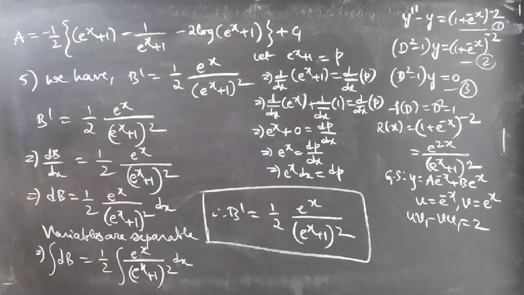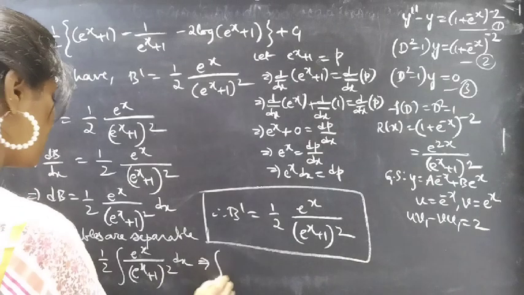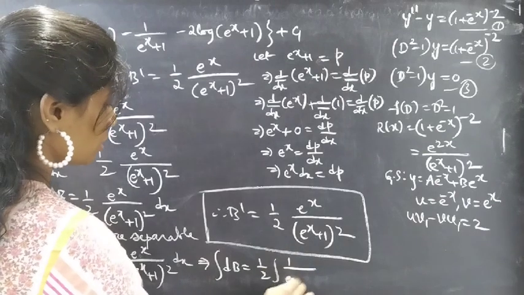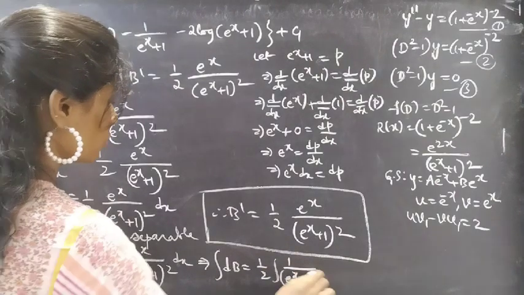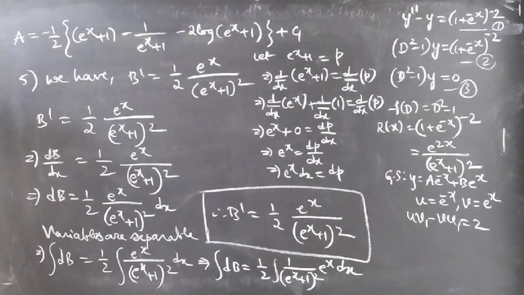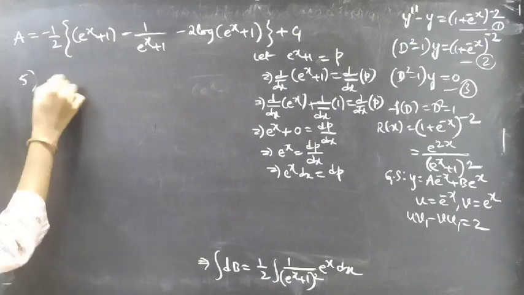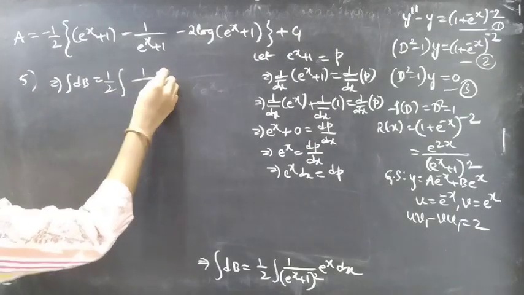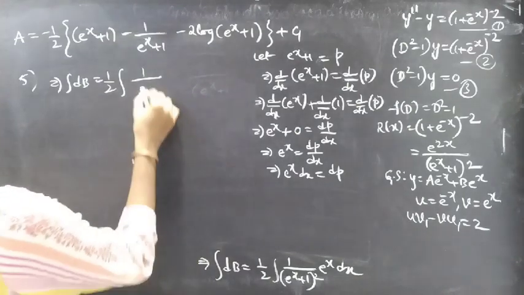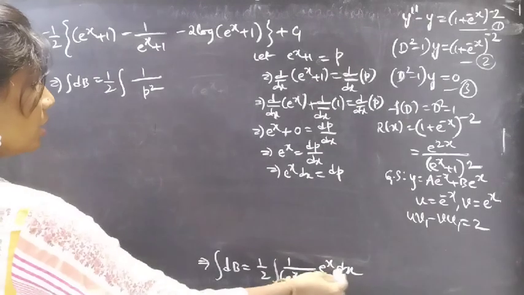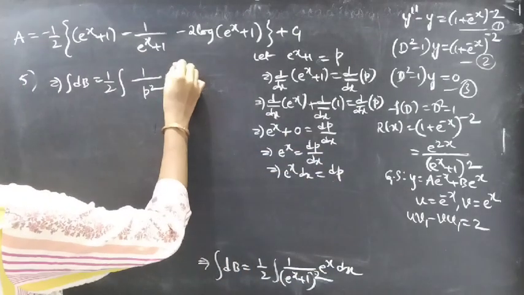Or we can write this as integral db equal to 1 by 2 integral 1 by e power x plus 1 whole square into e power x into dx. This gives us integral db equal to 1 by 2 integral 1 by, replace e power x plus 1 with p, you will get p square, and e power x dx can be replaced with dp.